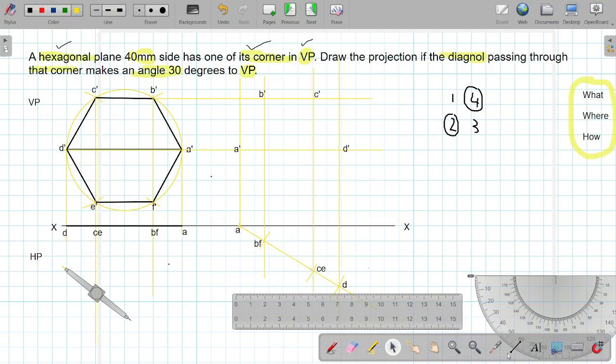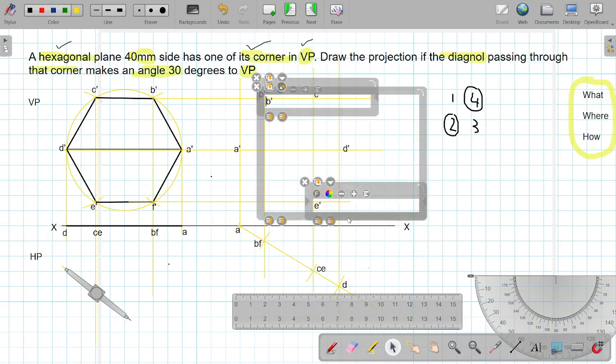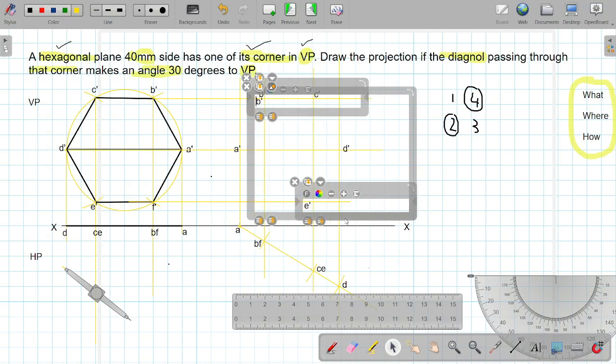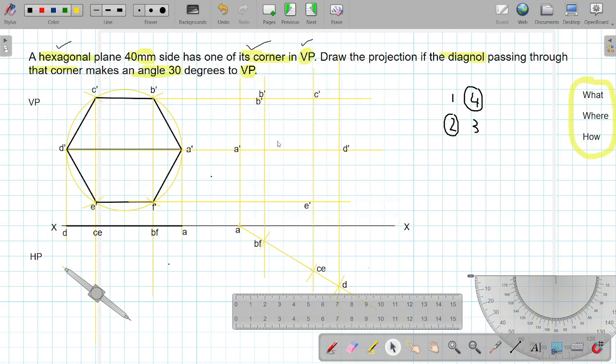Now for E and F, again I will make the projectors, and the projector for E and F will be lying on the same line and it is intersecting at this point. So this will be E dash. And finally F dash.